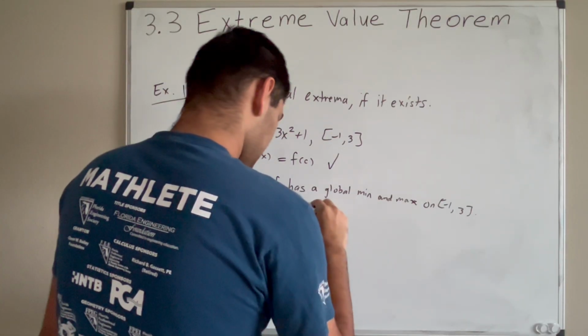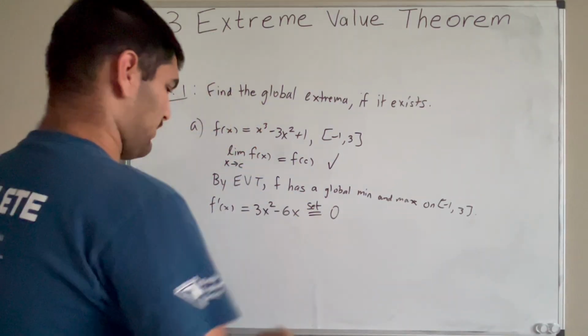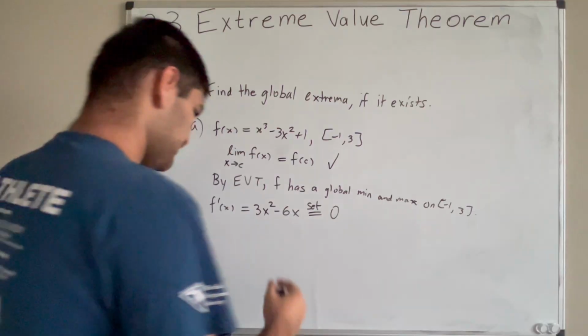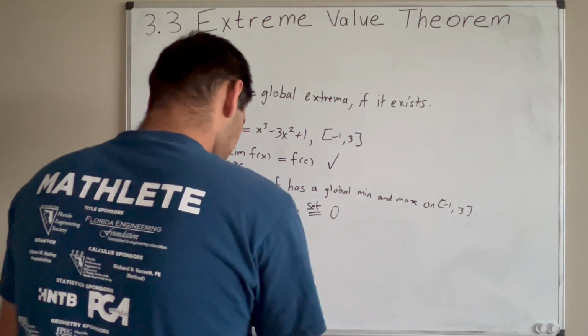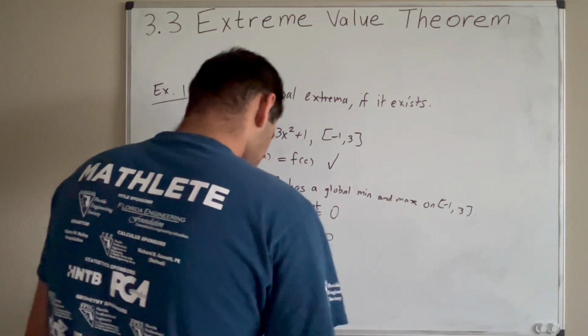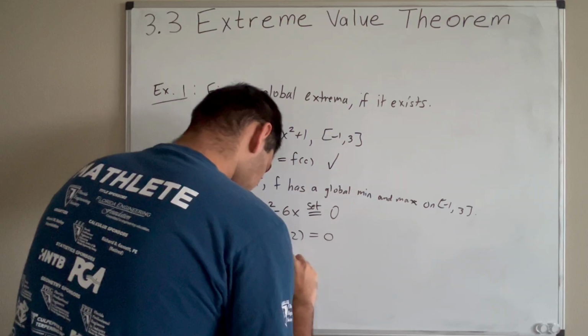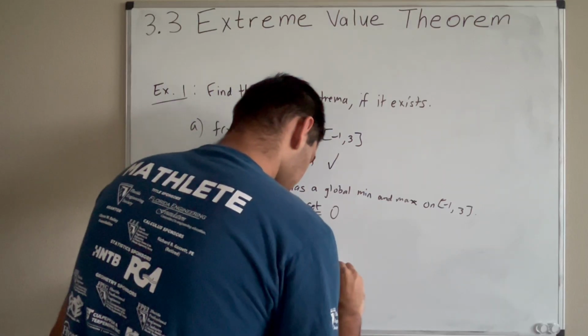And so we can set this equal to 0. Now we simply solve this equation, and whatever x values we get are the critical numbers. So we can factor out a 3x, and we're left with an x minus 2. So therefore our critical numbers are x equals 0 and x equals 2.